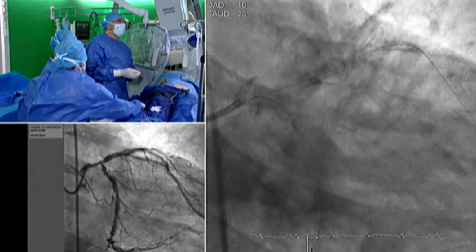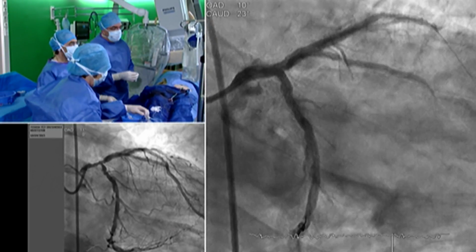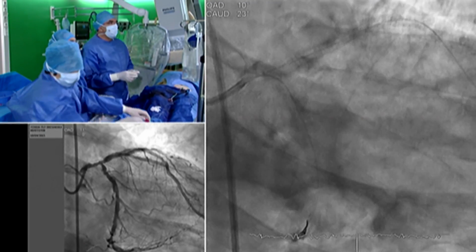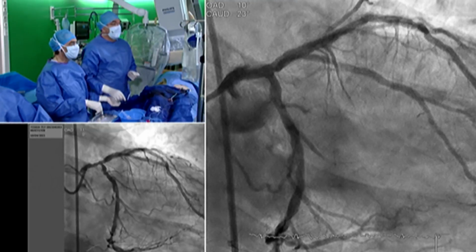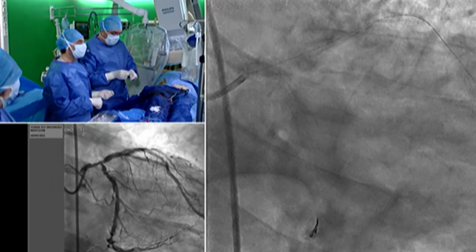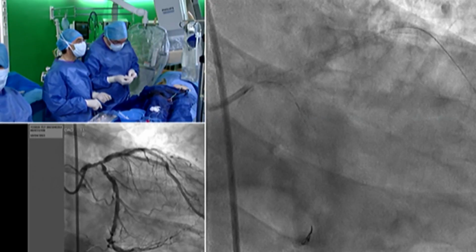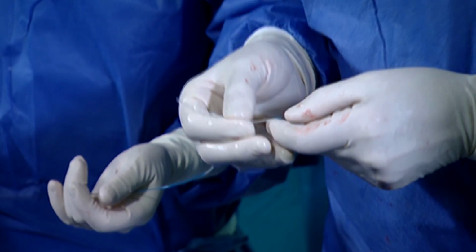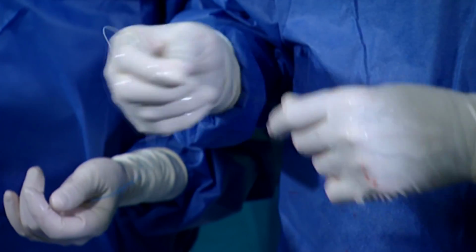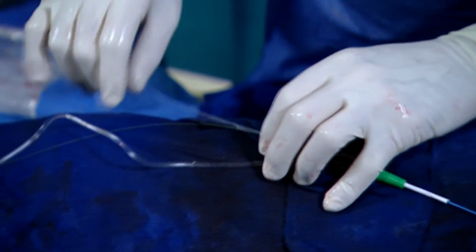He received this morning 2 tablets since 2 days, and he will be treated with 2 tablets per day for 1 month, followed by 1 tablet per day for at least 1 year. That's the treatment we use for the complex bifurcation when we are using a 2-stent strategy.